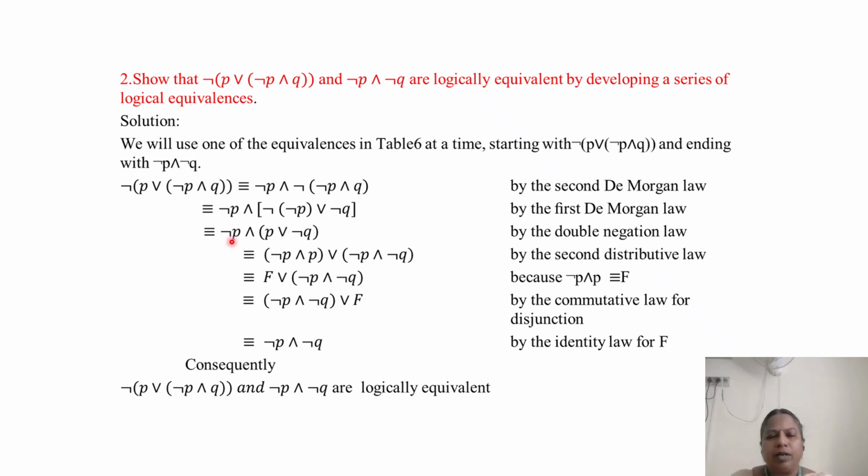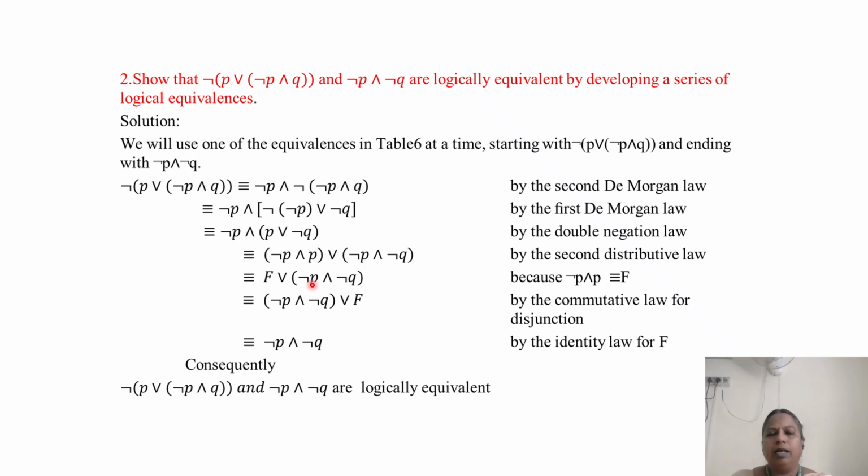Then we see that here we have negation P, and inside the bracket we have P or negation Q. So here it is three terms and two different symbols, AND and OR. So we apply the distributive law for this. Negation P and P, or negation P and negation Q. And we know that negation P and P is false.